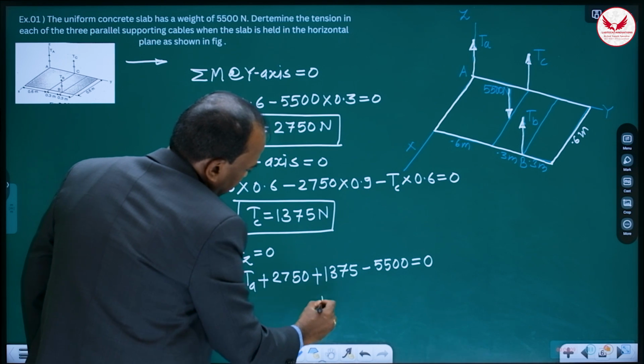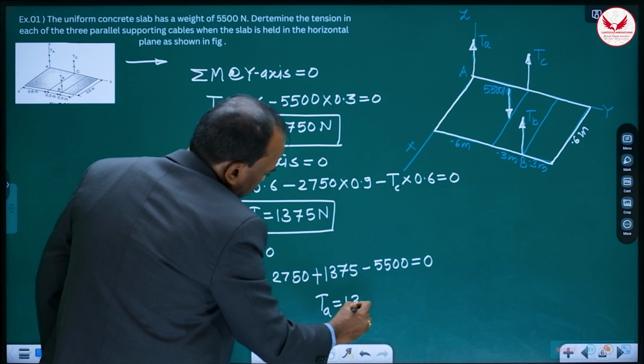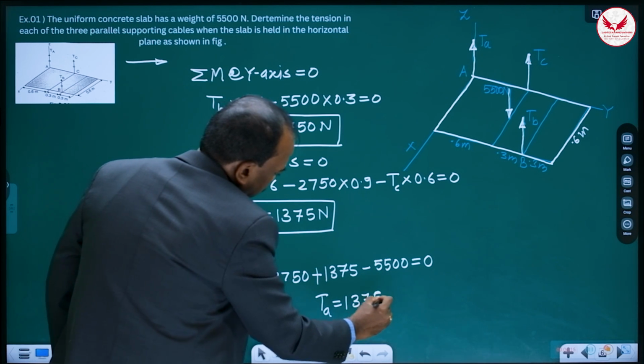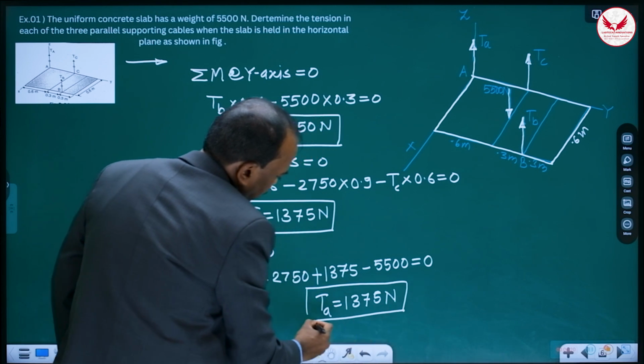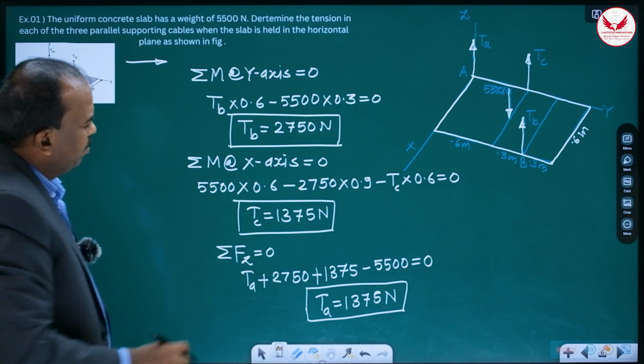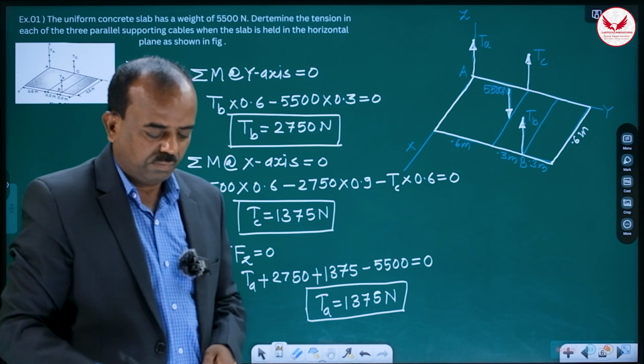And if you again make these calculations, these are very simple. TA is equal to 1375 Newton. This is again one more very famous and simple example of equilibrium of parallel forces.